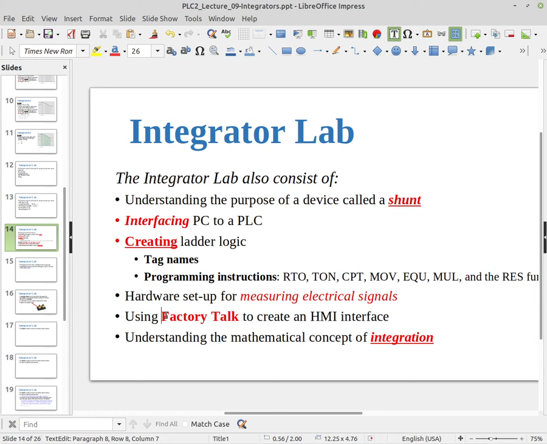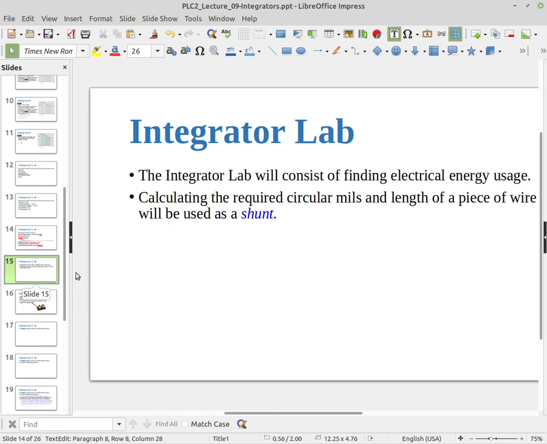Additionally, we're going to use the FactoryTalk software to build an HMI interface to record and plot our power and to display our voltage, our current, our power, and our total energy use.